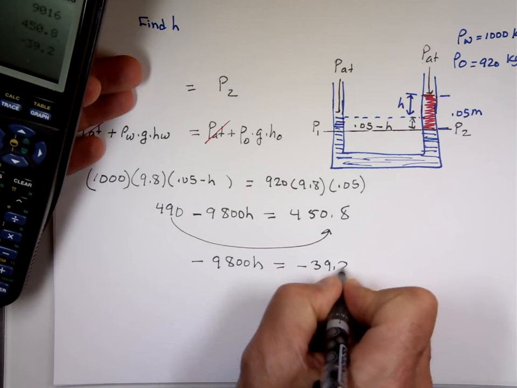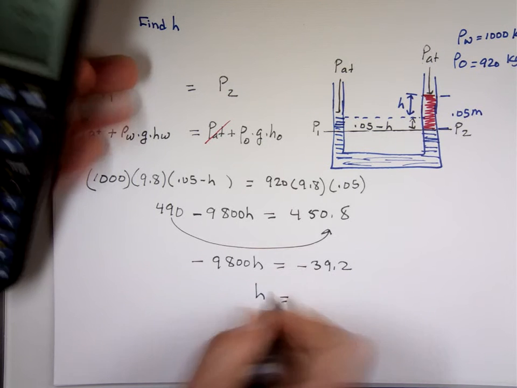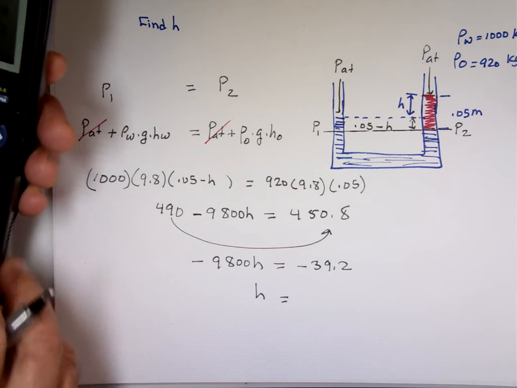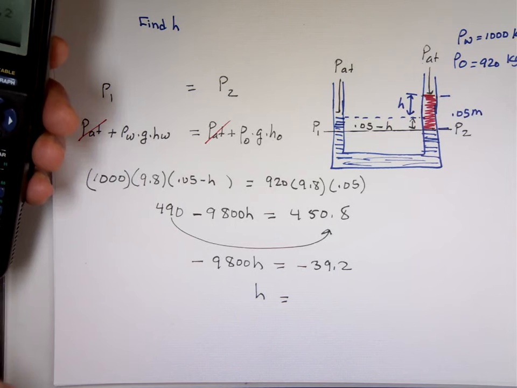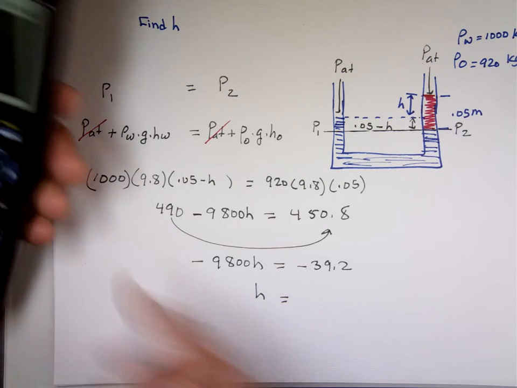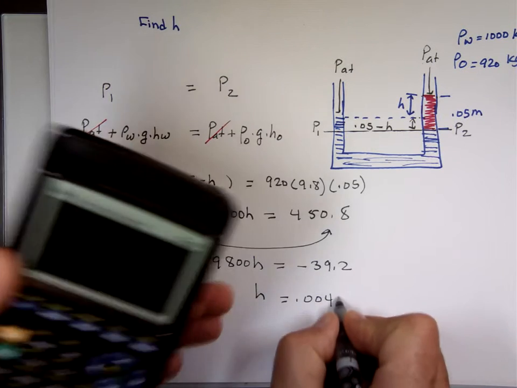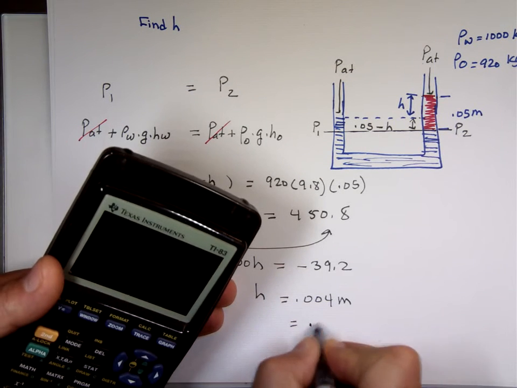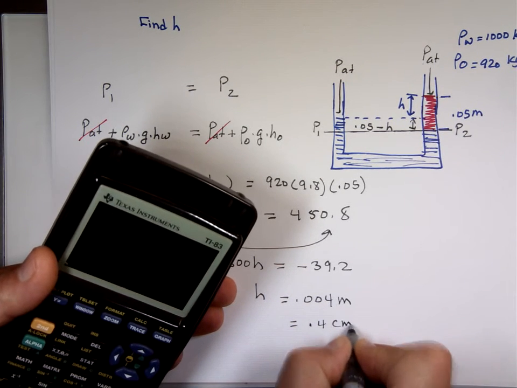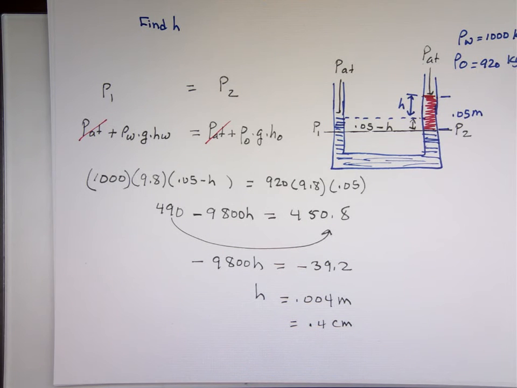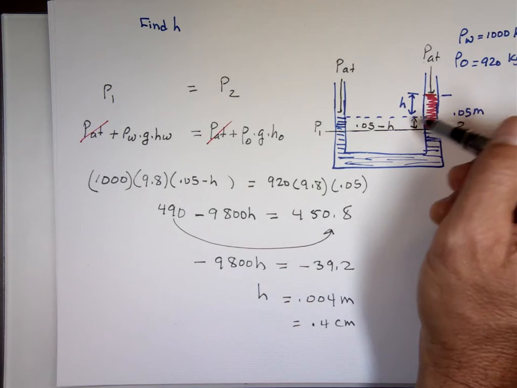Can we get what H is? 0.004 meters, which is 0.4 centimeters. So the height H, the difference between this end and that end, is only going to be 0.4 centimeters.